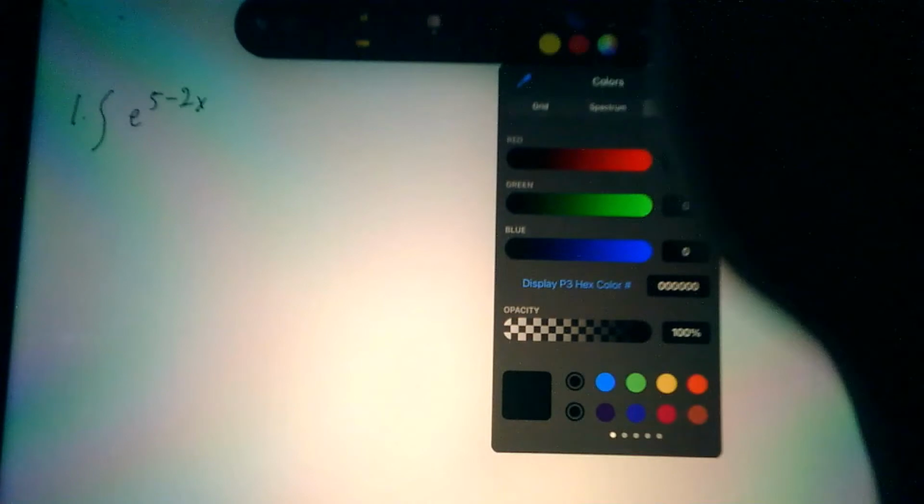Now let's move on to our first example. Example number 1, the integral of, let's say, e raised to 5 minus 2x. Our u can be found in the exponent, in the denominator, or in our algebraic form.